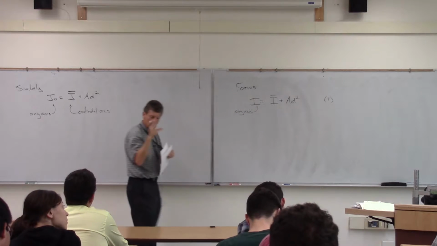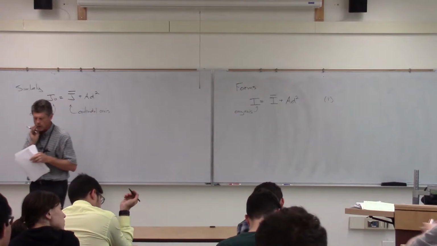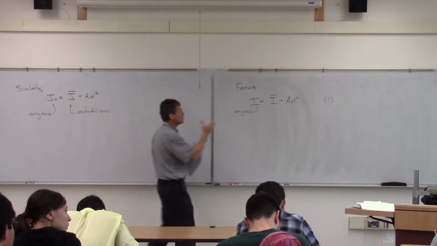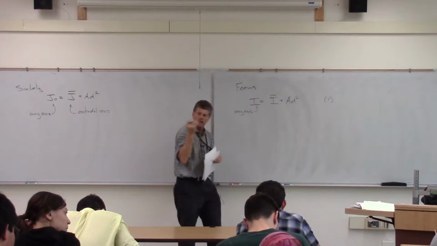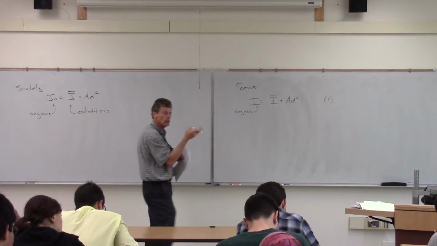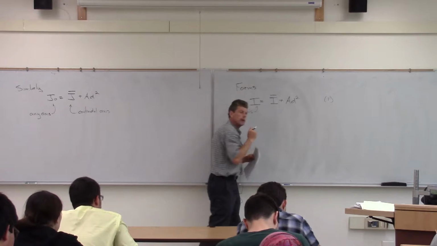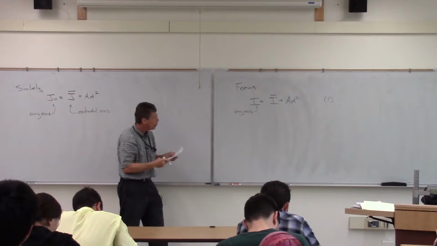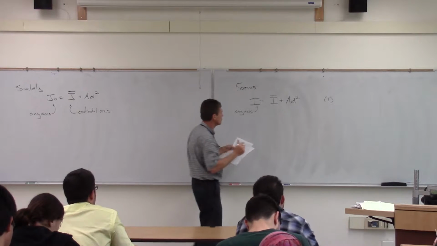Okay, so there's two different ways we'll be applying this. Form 1 basically is the one that we just got done writing. So any axis basically says then I need to know the centroidal moment of inertia before I can do anything. I need to know that, the area, and then I need to be able to measure from that centroidal axis to whatever one we're looking for, this new axis system that we're going to.